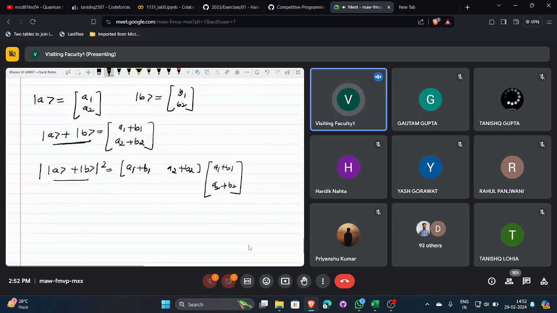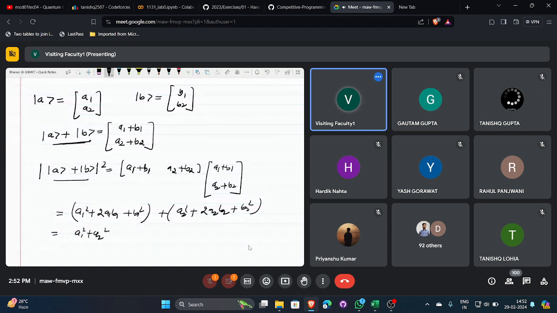When you multiply it, you will get a1 square plus 2a1 b1 plus b1 square plus a2 square plus 2a2 b2 plus b2 square. Similarly, it is a1 square plus a2 square plus 2 times a1 b1 plus a2 b2.